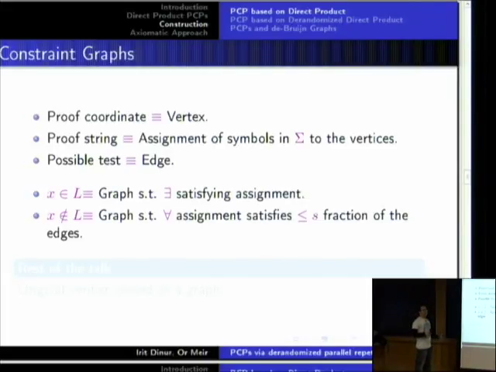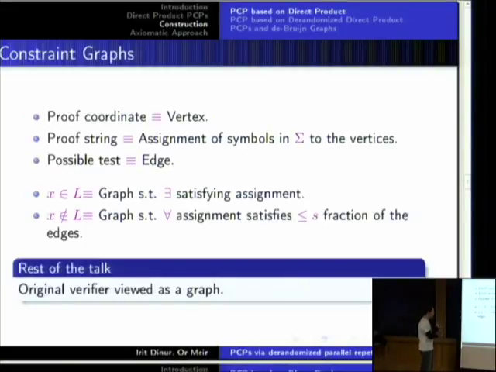So in this talk, I will switch without warning between the constraint graph view and the PCP verifier view. But one tip that can help you is that I always wish to construct a new verifier based on an original verifier. So the original verifier will always be viewed as a graph, while the new verifier will always be viewed as a PCP verifier, as we did before.